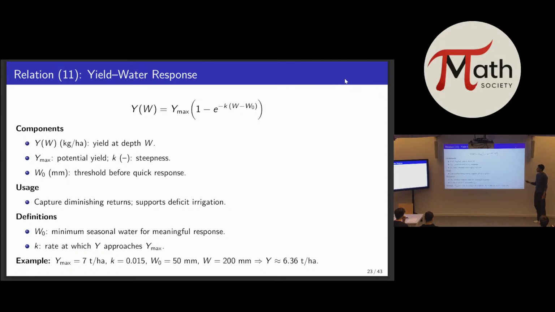We are defining Y as the yield at depth, Y max as the potential yield, K as the steepness, and W0 as the threshold before quick response. So the curve just captures diminishing returns and supports efficient irrigation.